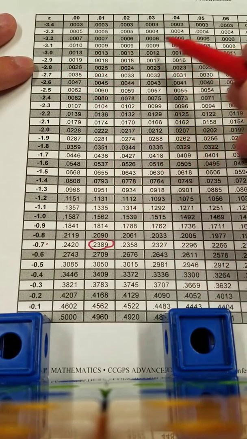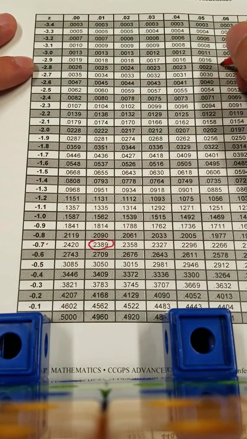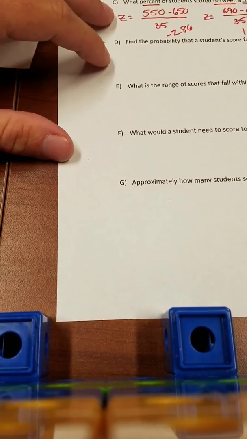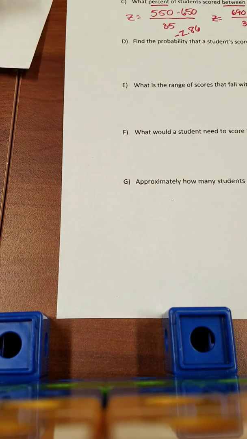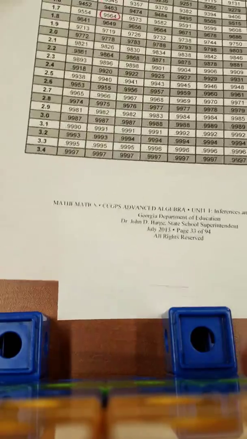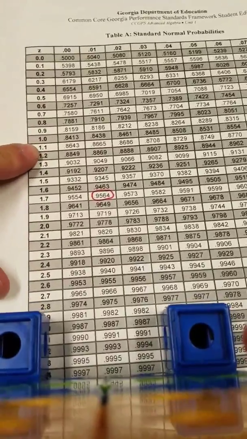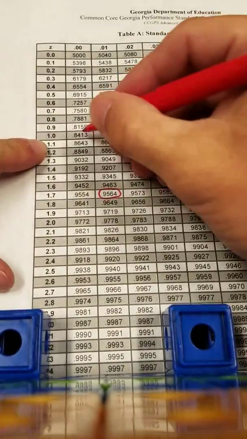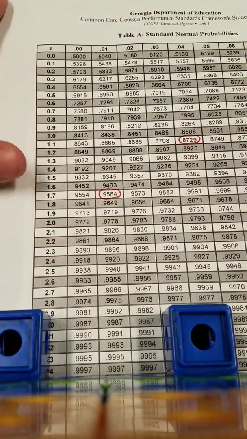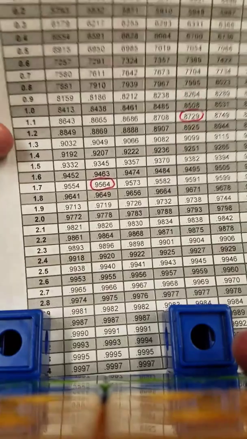So I go across until I'm at the 6. 0.0021. Now I need to do the same thing with 1.14. Go to the positive side. I go down 1.1 and then I go across to 4. 0.8729.